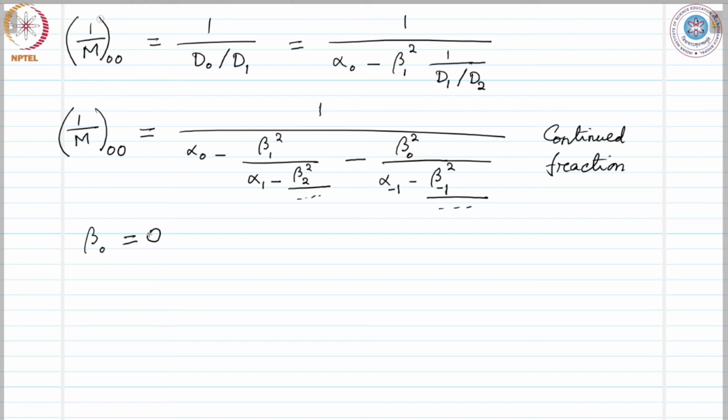Also, there is a similar formalism to get the off diagonal elements of the inverse matrix. And using these continued fraction expressions, which don't go to infinity because we are considering matrices of finite size, they can be easily evaluated using a computer. There is no problem with this.